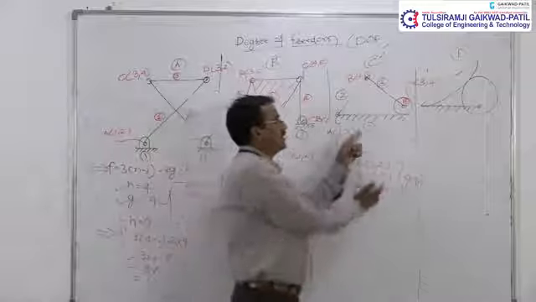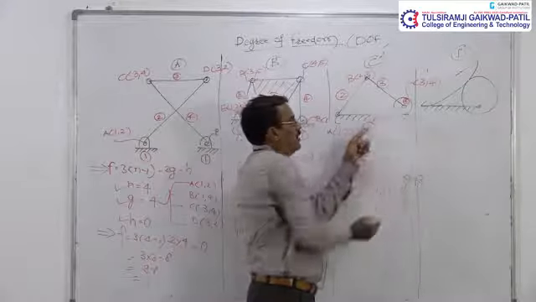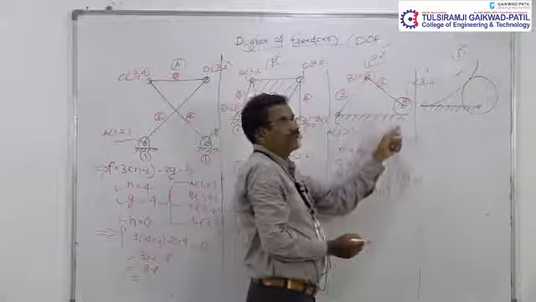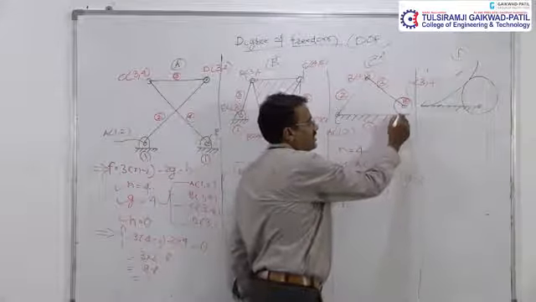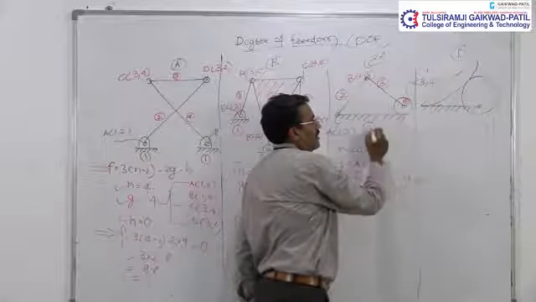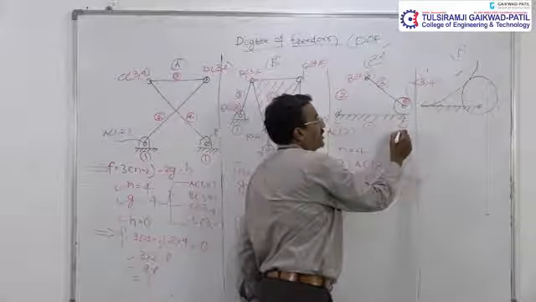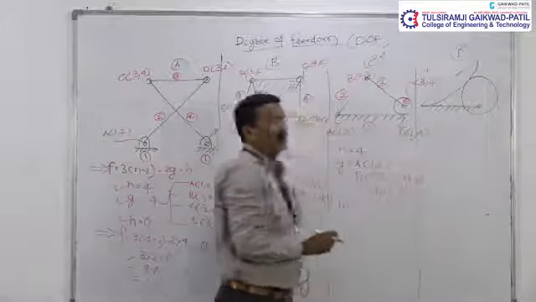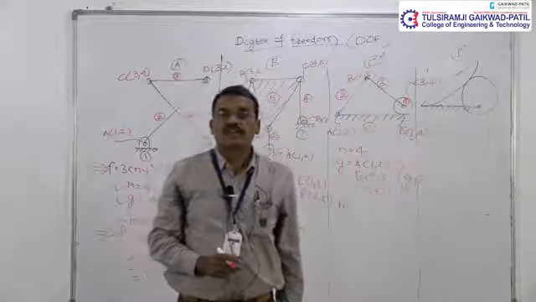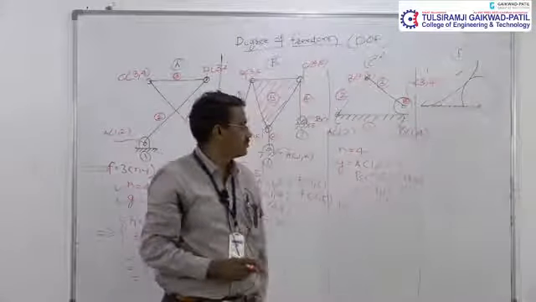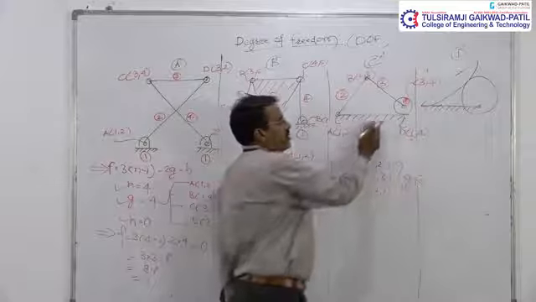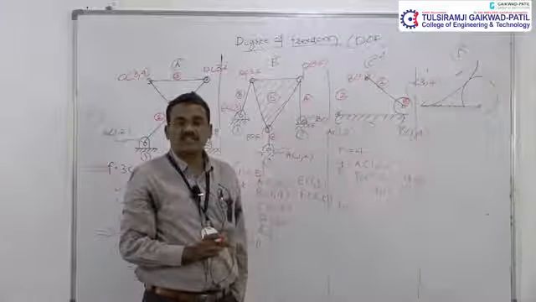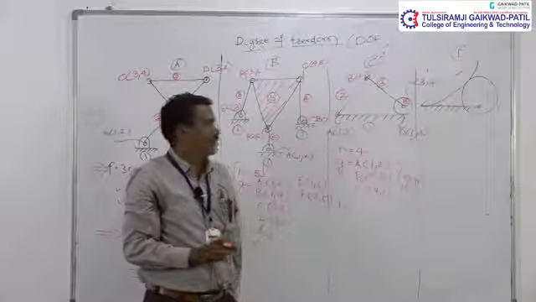The circle is link number 4 and it rests on link number 1, which means there is a higher pair between link number 1 and link number 4. So 4 is another pair, but it is denoted as a higher pair because it is formed by the circle. Whenever the circle or a curvature exists, there is a higher pair.